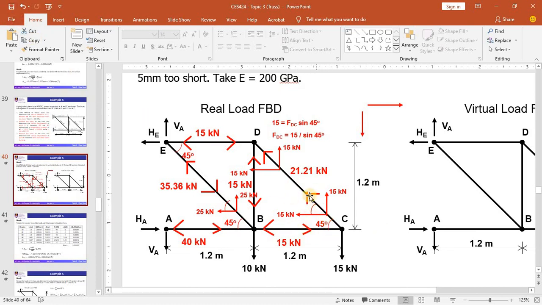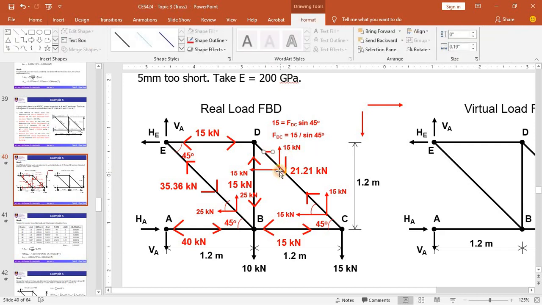Okay, sorry. Actually, this is supposed to be in tension because it is outward of the joint. So my arrow is wrong here. I have made a mistake on this, so I'm supposed to change this towards here. So this is supposed to be tension.